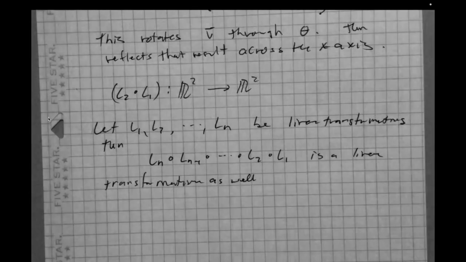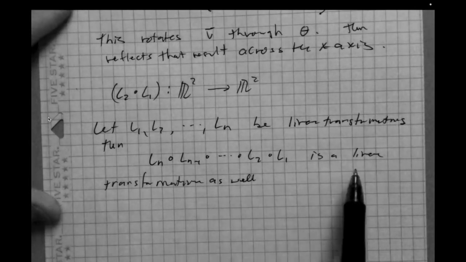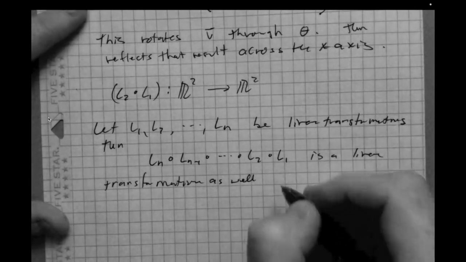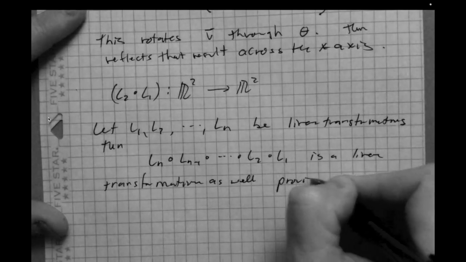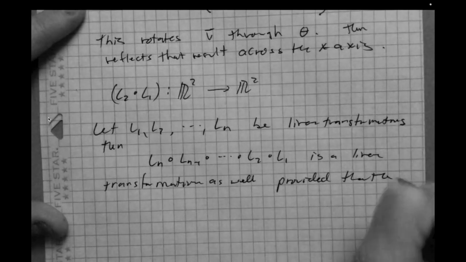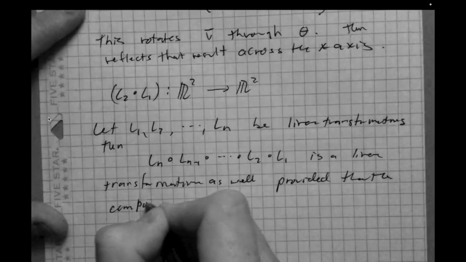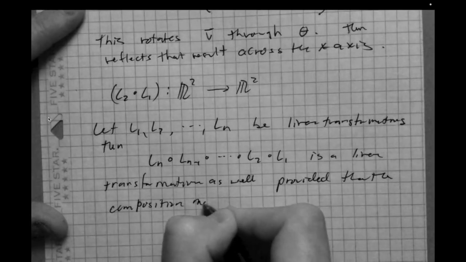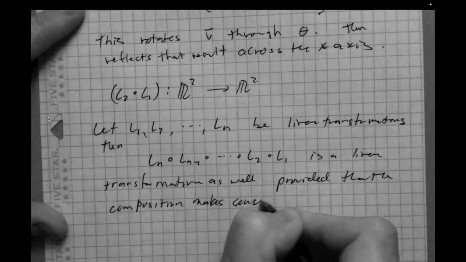Now, provided, right, that the composition makes sense, right? So sometimes you can't just willy-nilly take two linear transformations and compose them. The domains and the codomains all have to kind of align. But if they do align, then you do get a linear transformation automatically, right? So this is a linear transformation as well, provided that the composition makes sense, right?